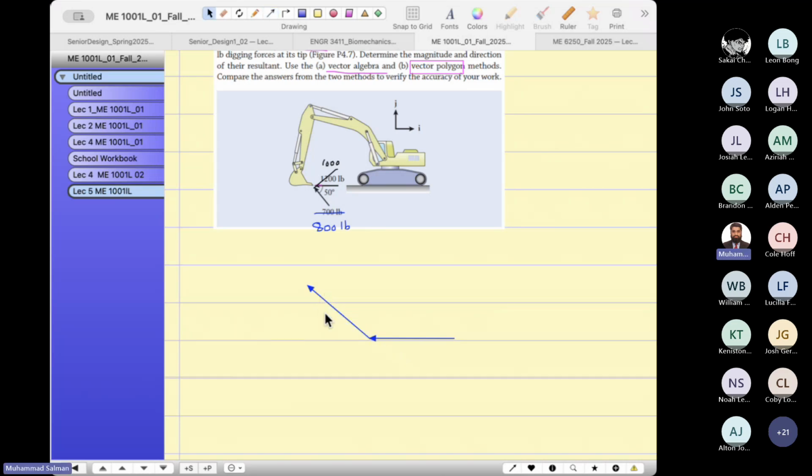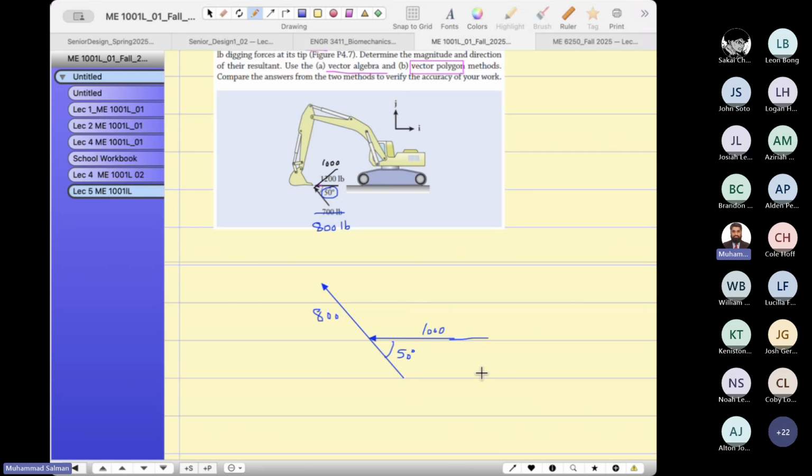Let me redraw this vector. This vector is at an angle of 50 degrees. You can see this is 50 degrees, and this is my 1000 pound, and this is my 800 pounds.